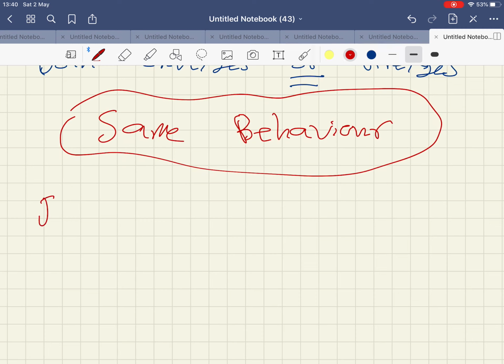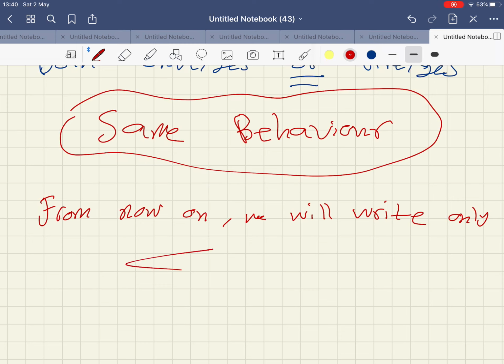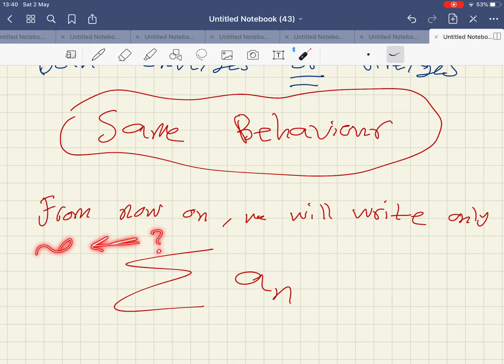So we can say from now on, we will write only this one. Why do I just write it like this? There are some missing things. First of all, always for series, this is infinity. So you don't need to write it down. We know this is infinity because we are talking about a series.